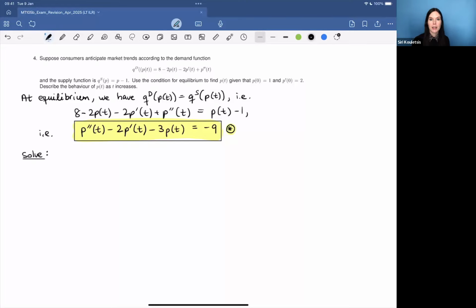The first thing we do is to write down the auxiliary equation and find its roots.